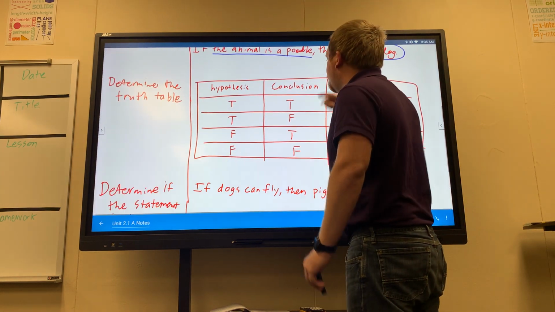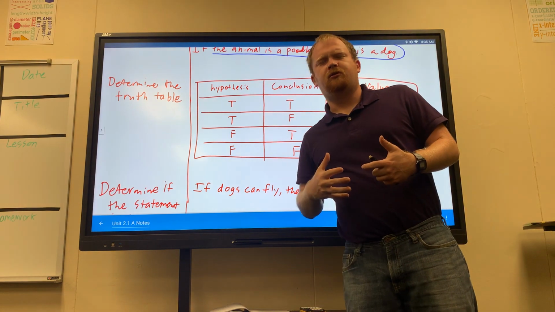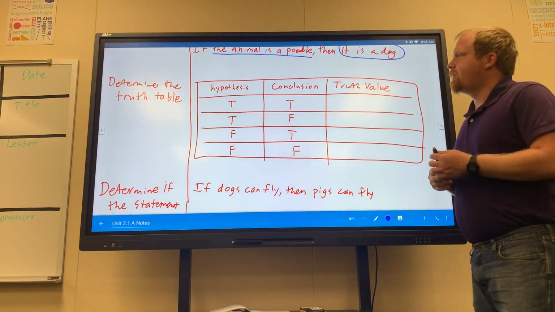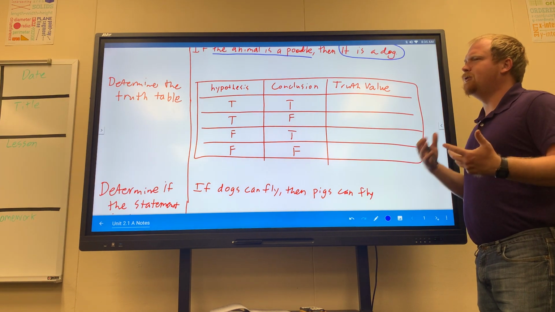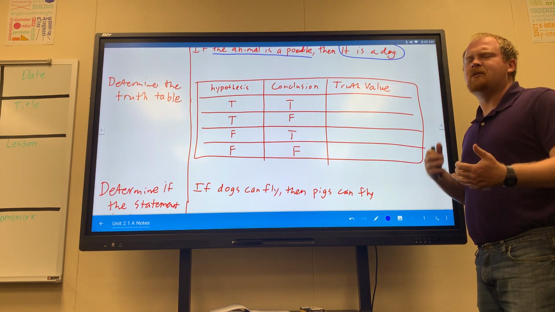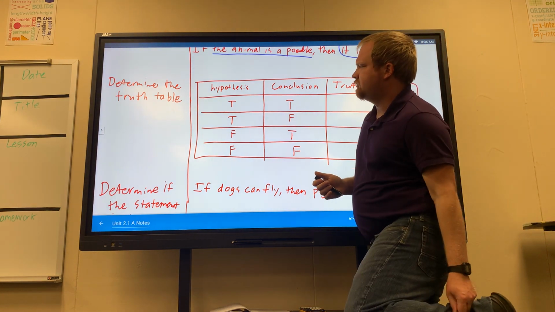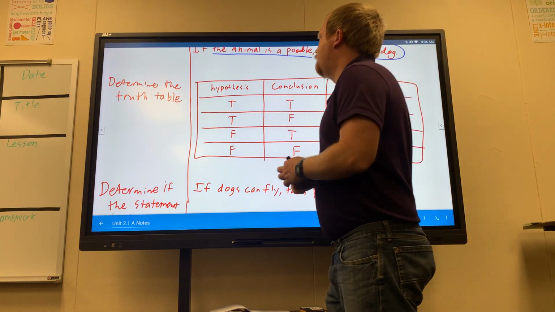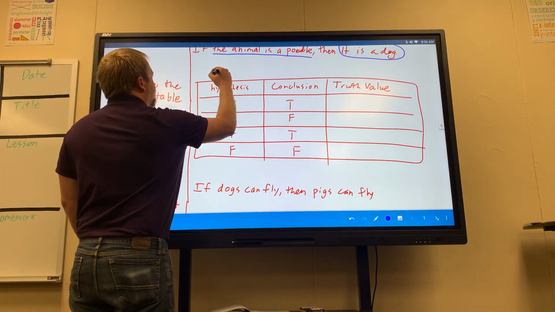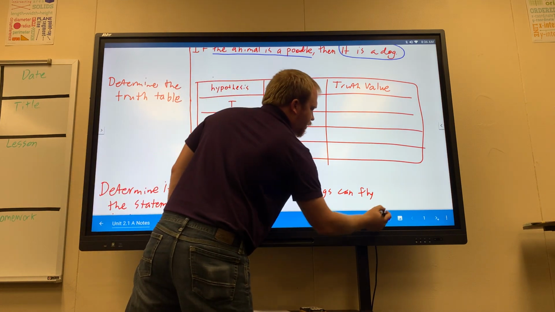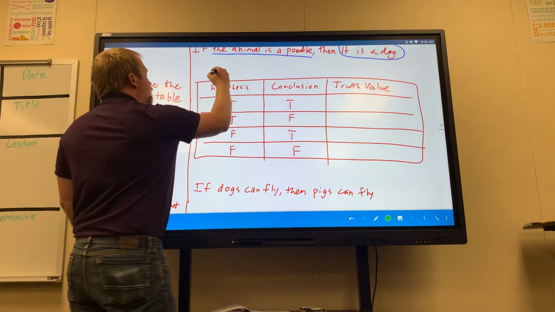Now, one thing about logic is, is it true? When it comes to if-then statements, there's a typical way of determining if the statement is true or not. Here's an example I want you to think about. You don't have to write this down. I'll put it in green so you know not to write this down.